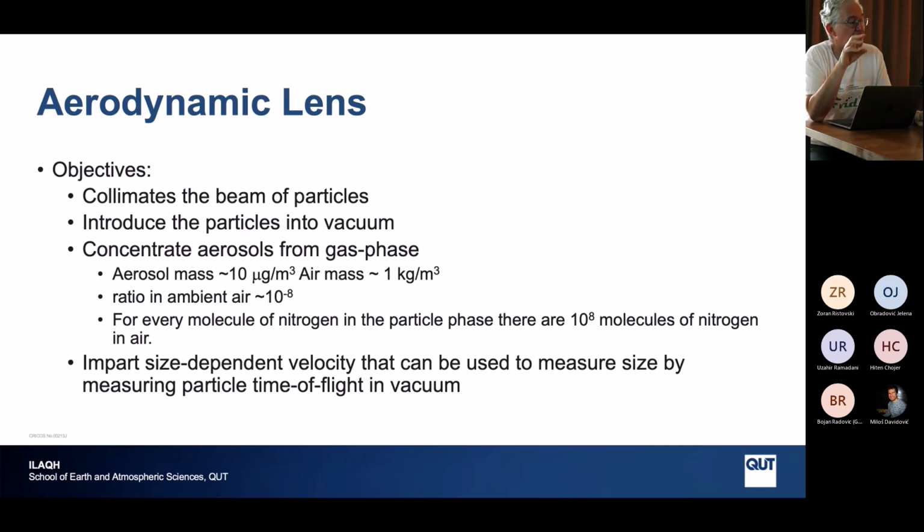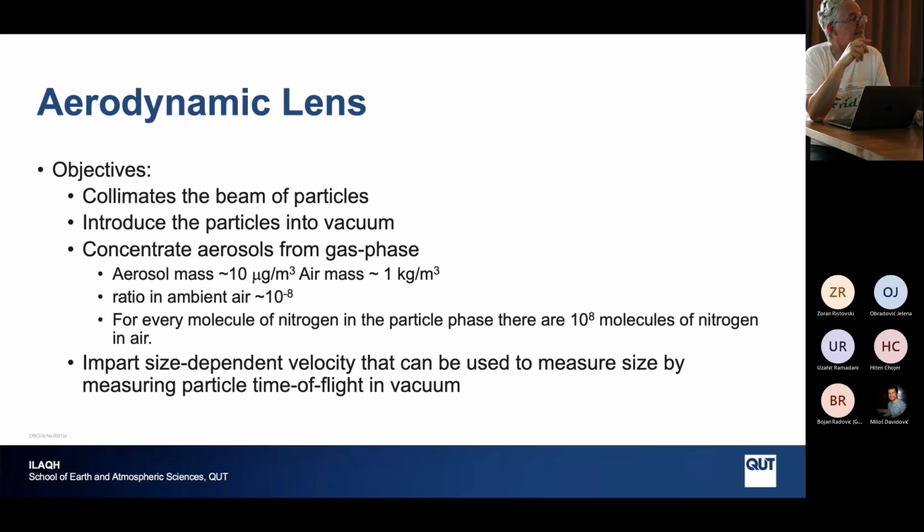Imagine that you want to analyze, let's say, the amount of nitrogen in your particle. Does anybody know how much is the mass of air per cubic meter? About 1.3, 1.3 kilograms per cubic meter. And how much PM do you usually have in a cubic meter? On average 5, 10, 20 micrograms. So the difference between the amount of molecular mass in the air compared to what you have in the particles is around 10 to the 8.